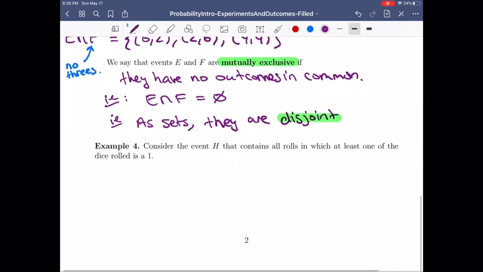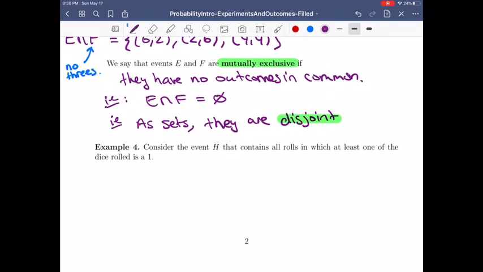One more example. Consider event H. We're still going from our previous one. It contains all rolls in which at least one of the dice is a 1.